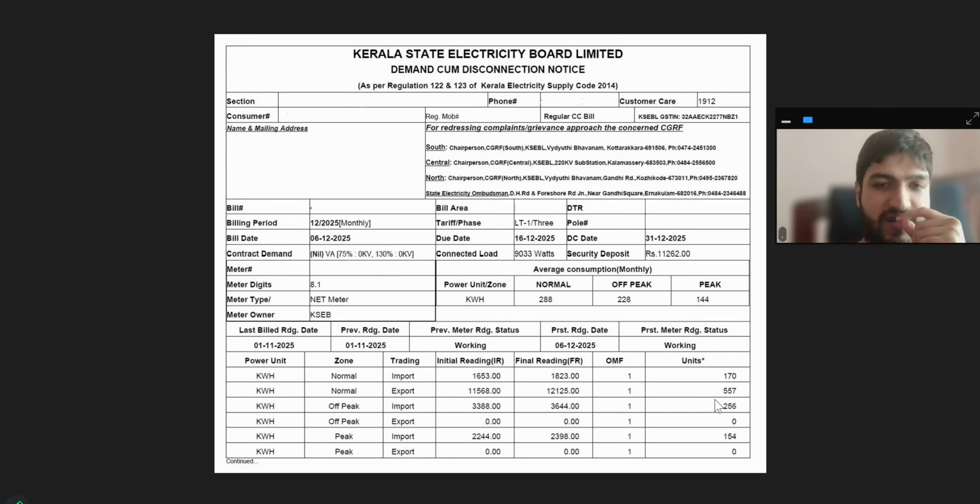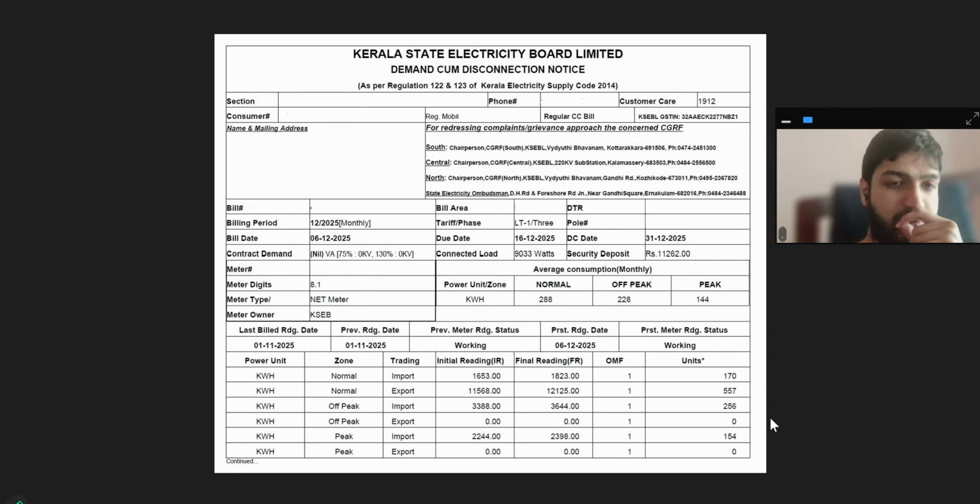So that is 557. Off peak will be from 6 p.m. to 10 p.m. There won't be any export during that time as it's out of solar hours. So 3644 minus 3388, that's 256 units imported from the utility at that time. There won't be any export.